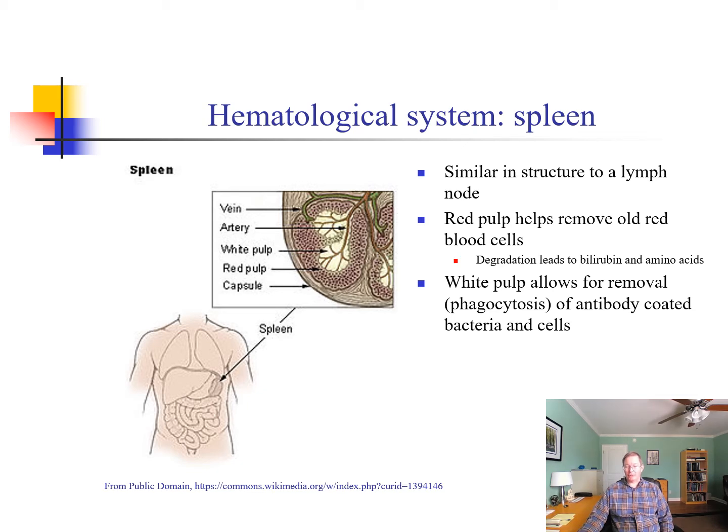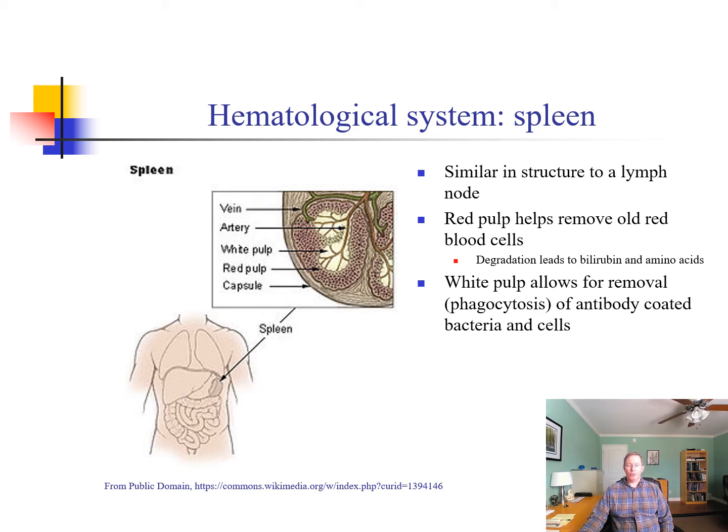Now, the spleen is located in the upper left-hand portion of your abdomen, and it has areas that are generally reddish, called red pulp, and some areas in the center called the white pulp, which are involved in your immune system, and we'll talk about that the next time.